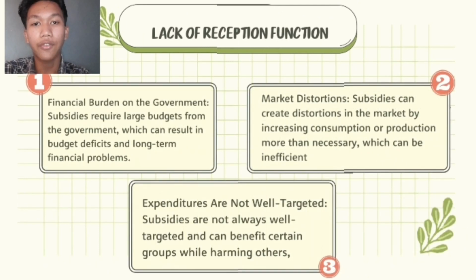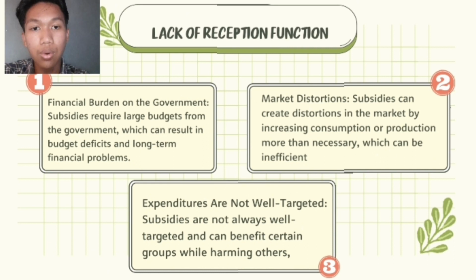Disadvantages of the subsidy function: number 1, financial burden on the government; number 2, market distortion; and 3, expenditure not well targeted. Subsidies require a large budget from the government, which can result in a budget deficit or short-term financial problems.